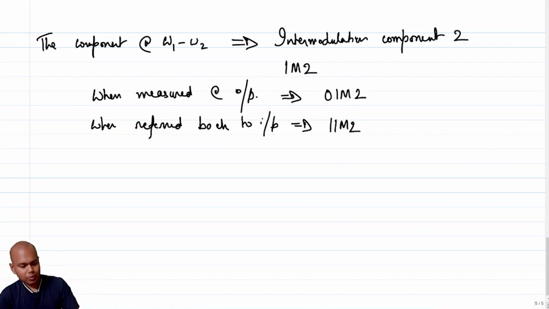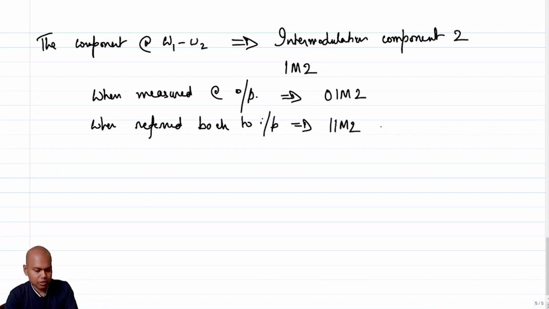So when I say referred back, what I mean is, at the input you really don't have distortion, right? Input is a pure sinusoid, but just like noise, you would like to refer everything back to the input to understand what is the amount of effective signal that you can have before you cause a certain amount of distortion at the output.